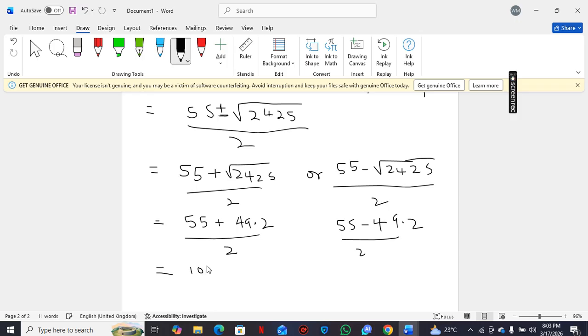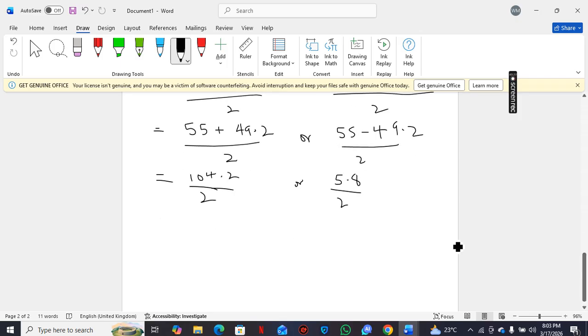104.2 divided by 2. Then 55 minus 49.2, 5.8. 104.2 divided by 2, that's 52.1.